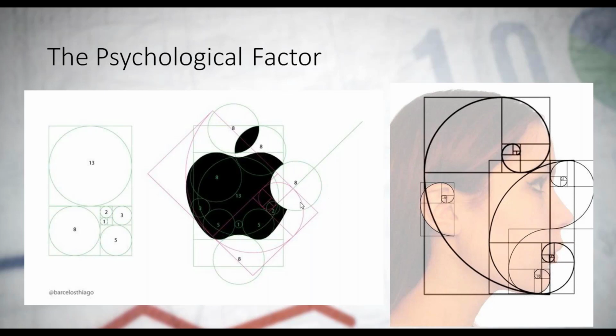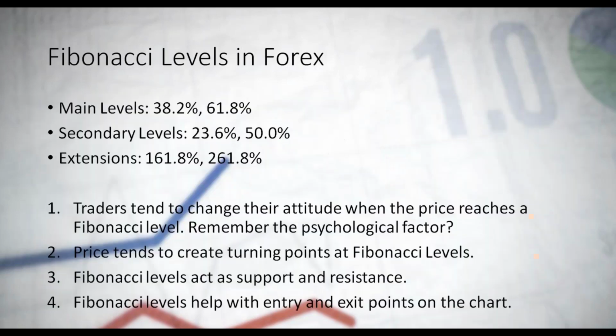All right, now let's switch to the next slide that will explain how Fibonacci levels apply in Forex trading. The main levels in Fibonacci Forex trading are the 61.8% level and the 38.2% level. These are the main levels. The secondary levels are 23.6% and 50%. Although we did not discuss the 50% level, it is no big deal in terms of calculation, because it is simply 50% of anything.